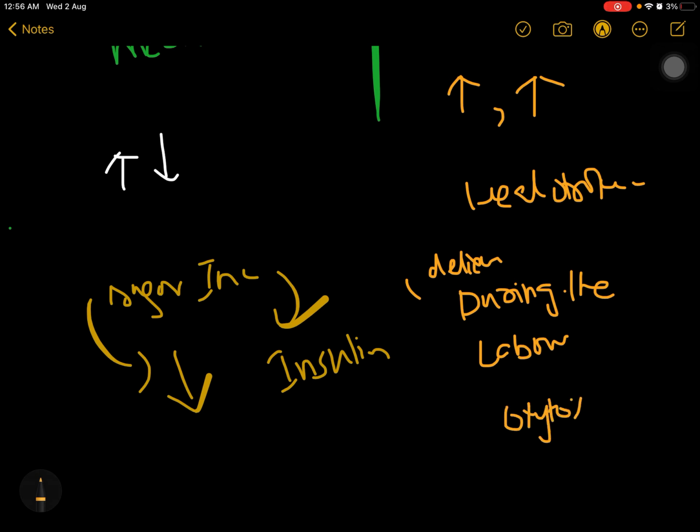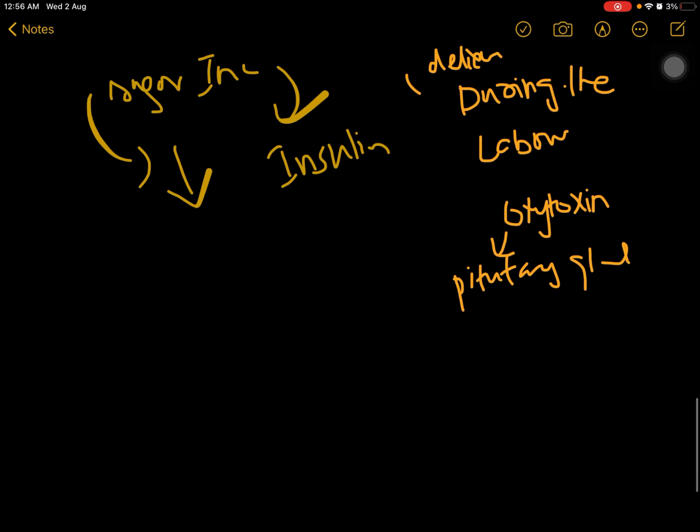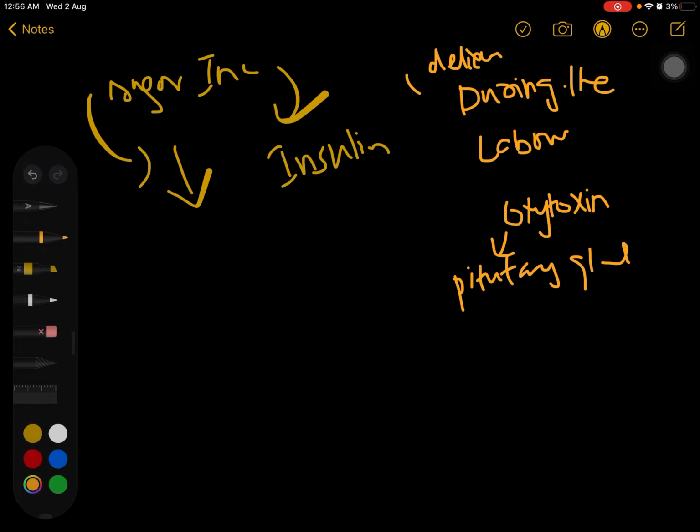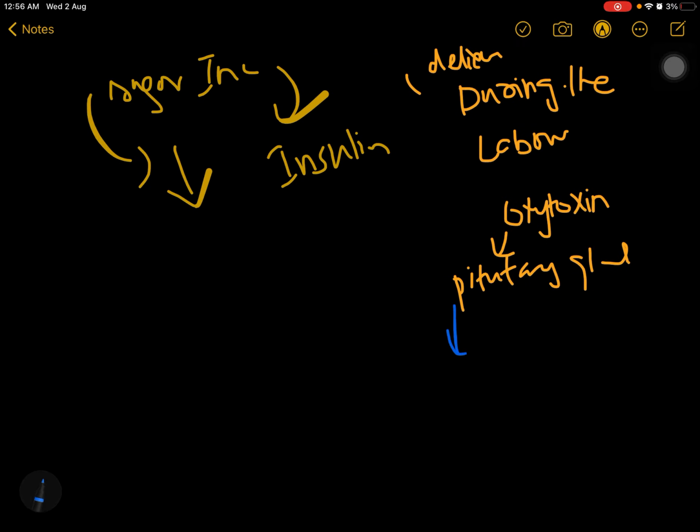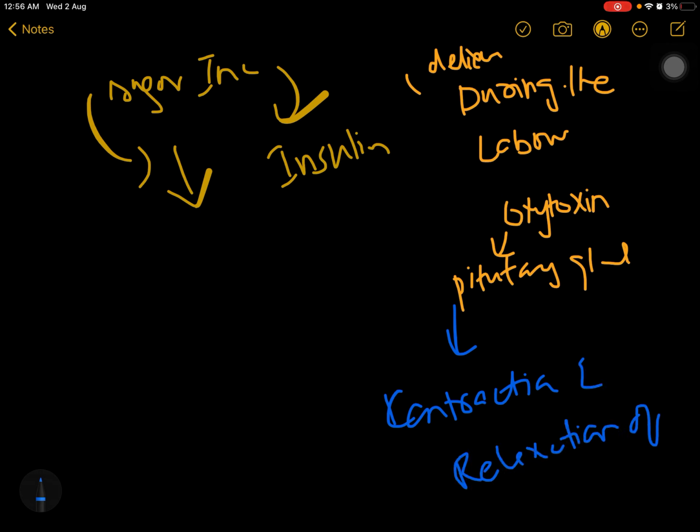Oxytocin is a hormone which is released by the pituitary gland, right? The work of this hormone is that it increases the contraction and relaxation of muscles.